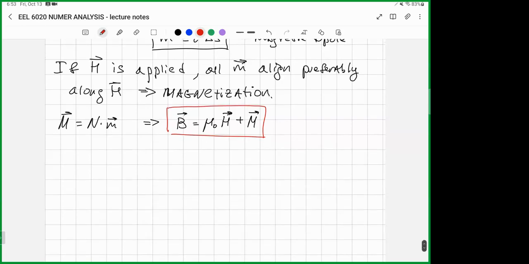Like this. So again, usually this magnetization vector is proportional to the value of the magnetic field. Okay, and this alpha m is the magnetic polarizability.